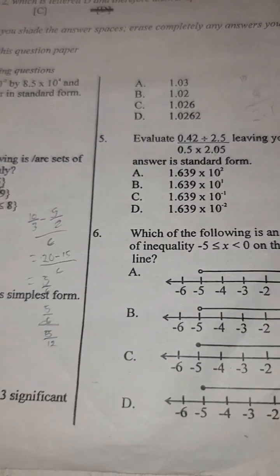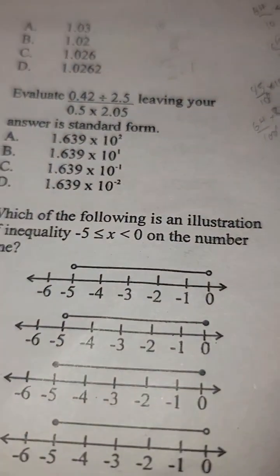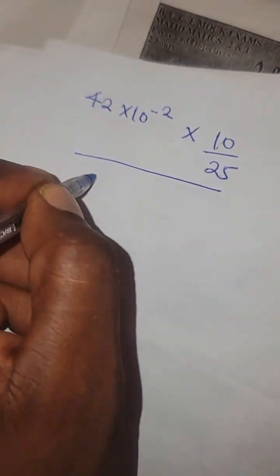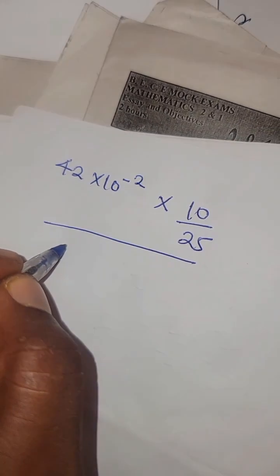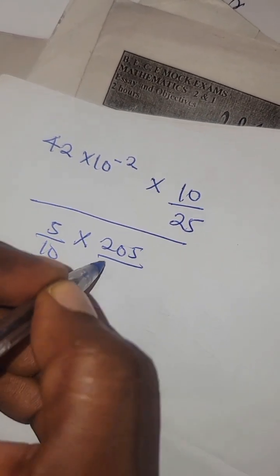So I change 0.42 to become 42 times 10 exponent negative 2, divide times the 2.5 becomes 1 over 2.5, and that's 10 over 25, because the 2.5 becomes 25 over 10, and division times 10 over 25. So we are going to have 5 out of 10 times 205 out of 100.